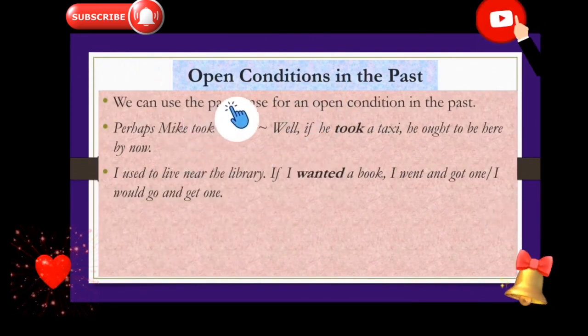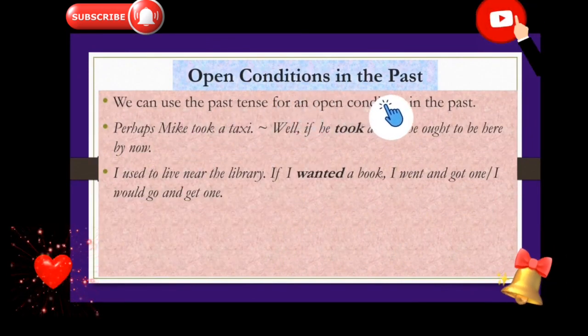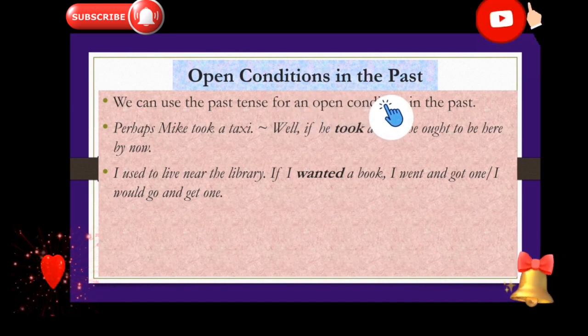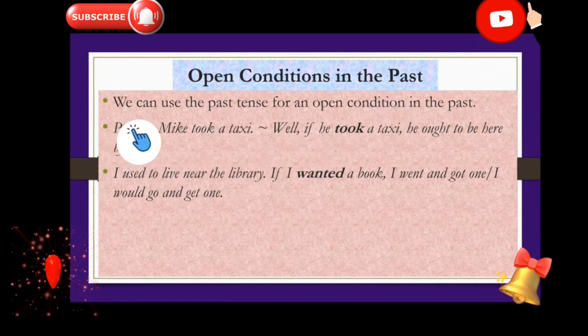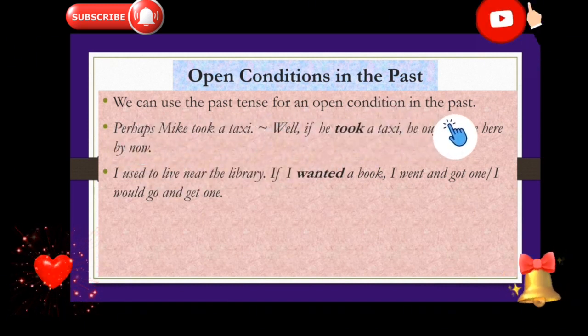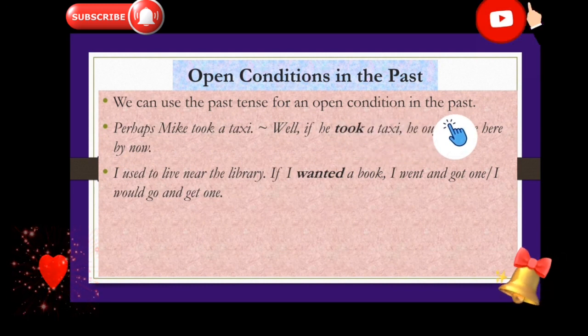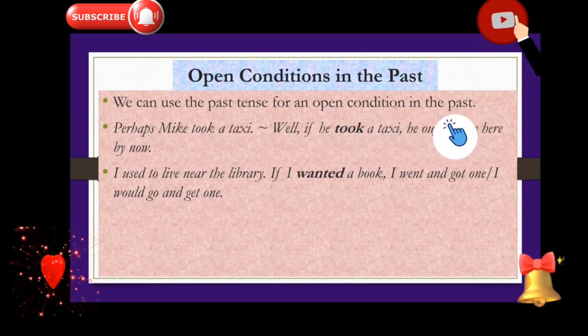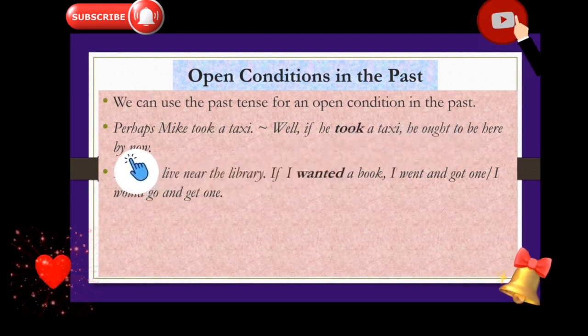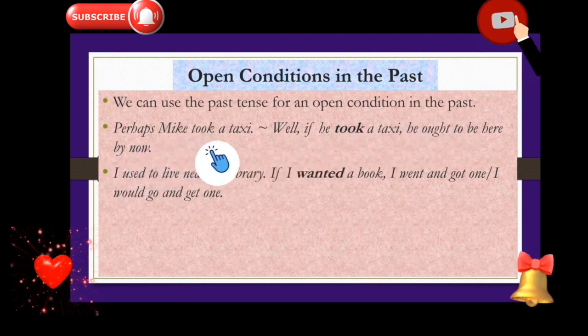Now, open conditions in the past. It is possible that a condition can be open also in the past. How? We can use the past tense for an open condition in the past, because open condition is possible only in the present, not in the past. But here we can use also open condition in the past. For example, perhaps Mike took a taxi.